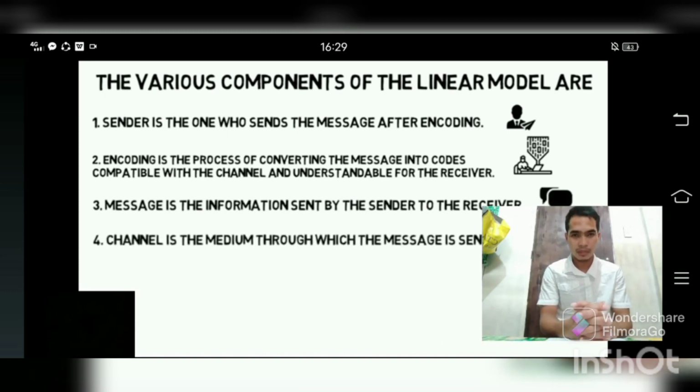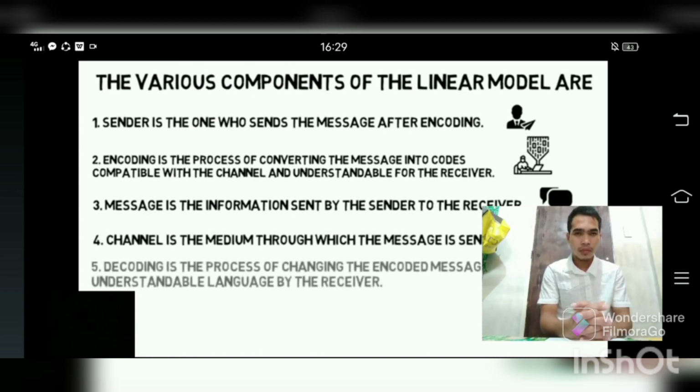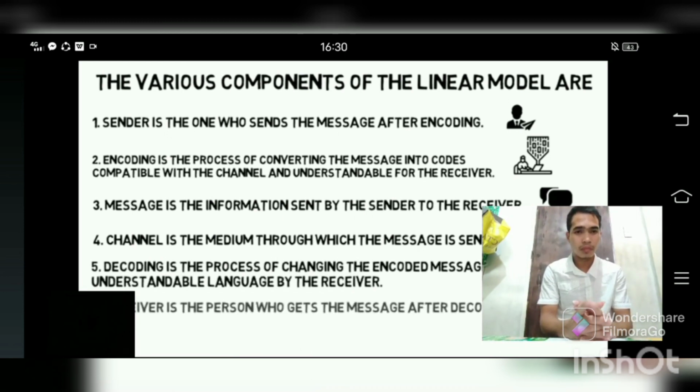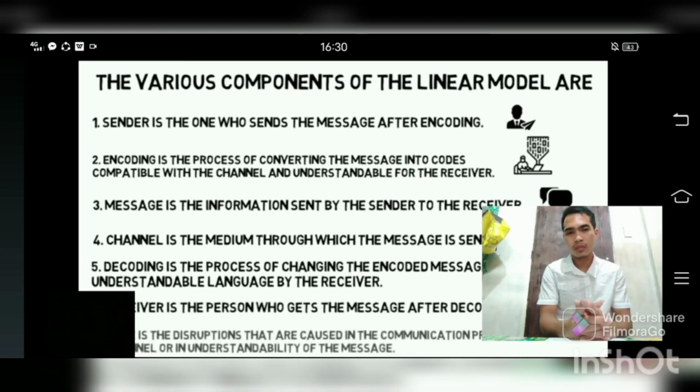Channel is the medium through which the message is sent. Decoding is the process of changing the encoded message into understandable language by the receiver. Receiver is the person who gets the message after decoding. Noise is the disruptions that are caused in the communication process, in the channel, or in the understandability of the message.